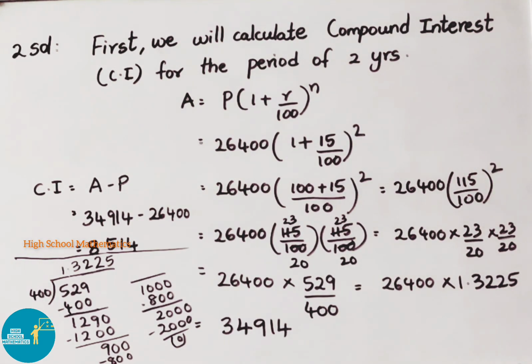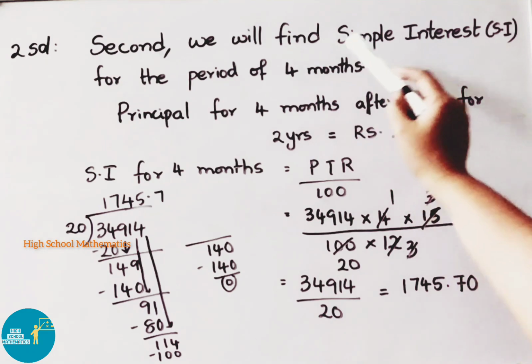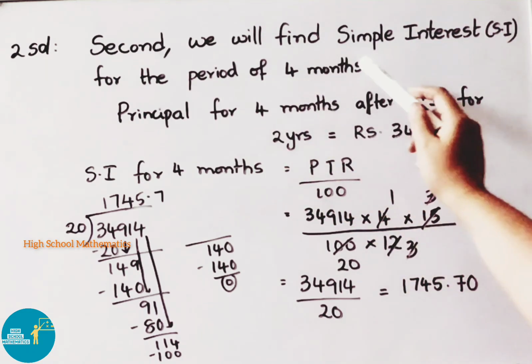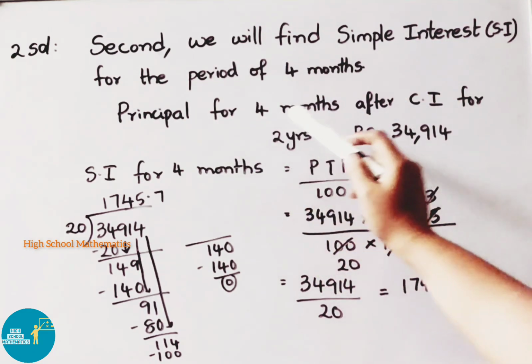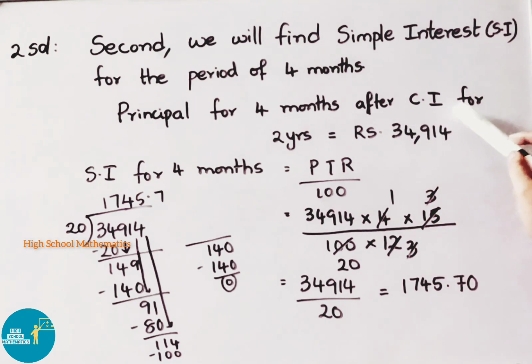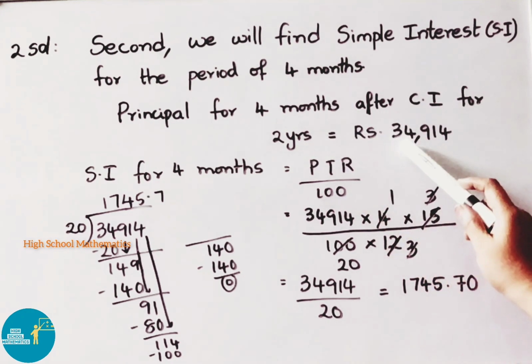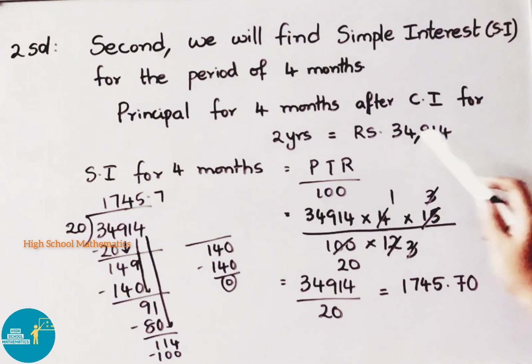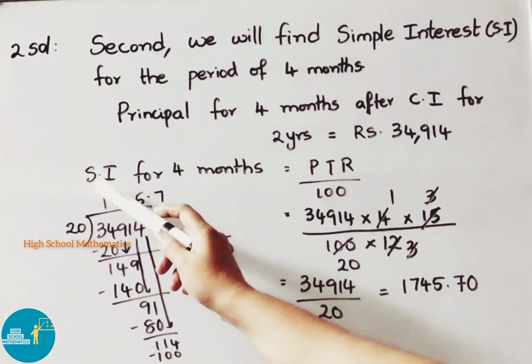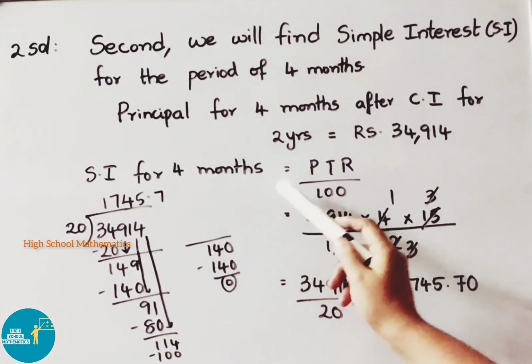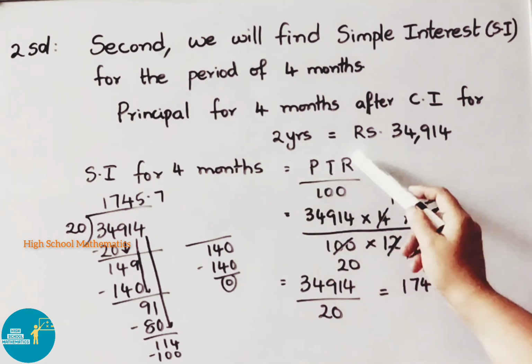Now we have to calculate simple interest for the remaining 4 months. Second, we will find simple interest for the period of 4 months. The principal amount for 4 months after compound interest for 2 years will be 34,914. Now we find the simple interest for 4 months, that equals the simple interest formula PTR by 100.